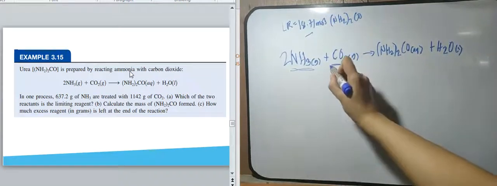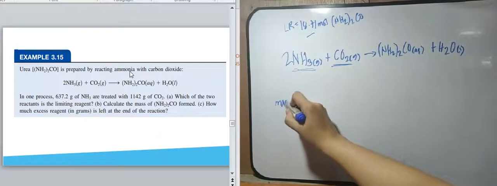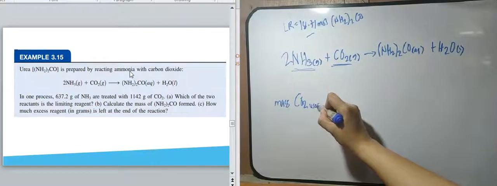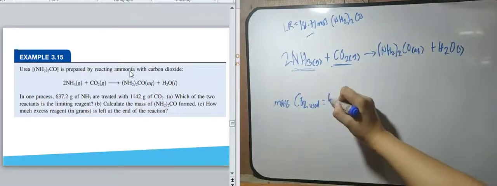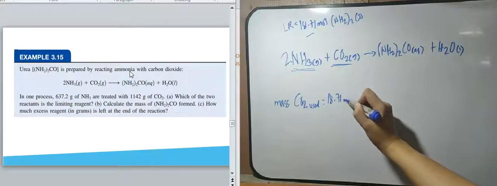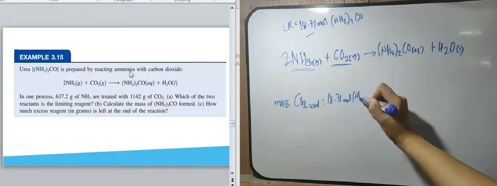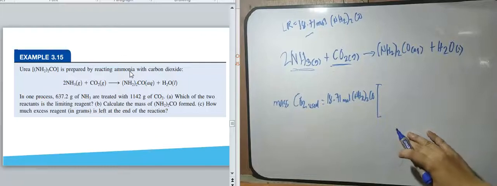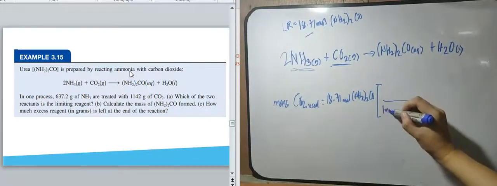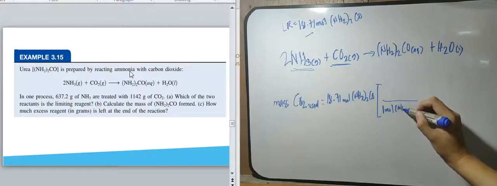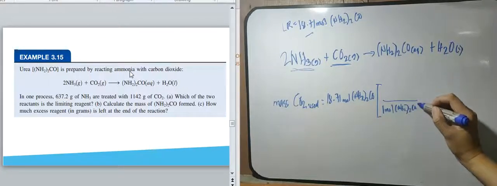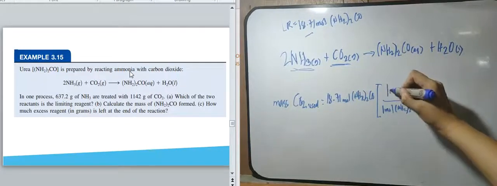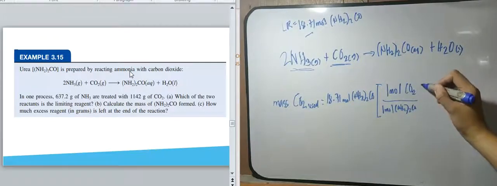So what is the mass of CO2 used? Because that is the only amount that was used. So 18.71 moles H2NCONH2 multiplied by 1 mole CO2 per 1 mole H2NCONH2.